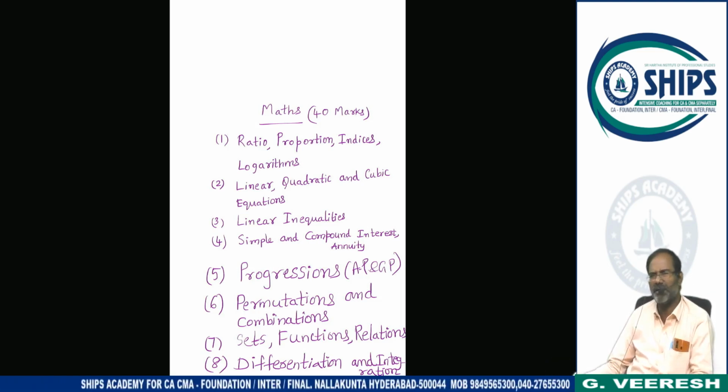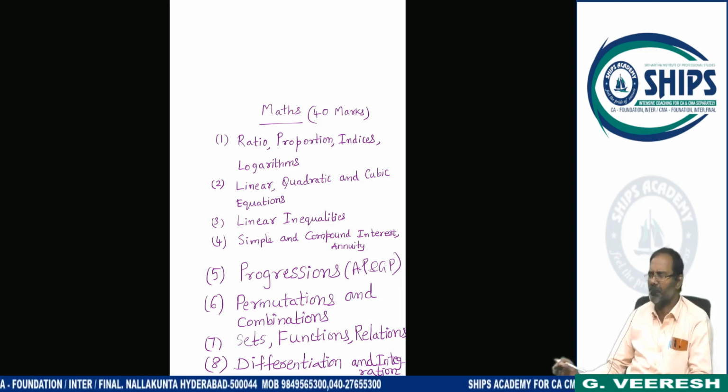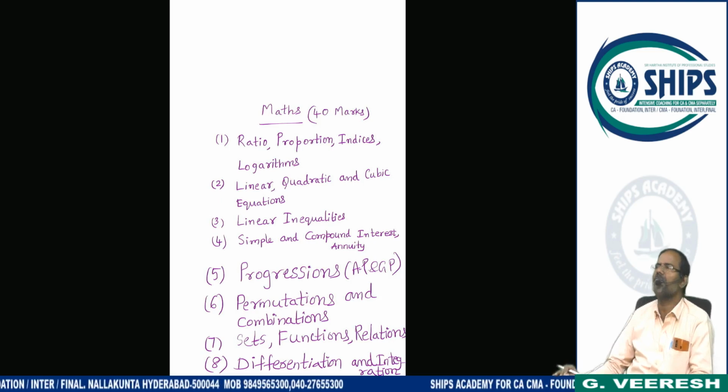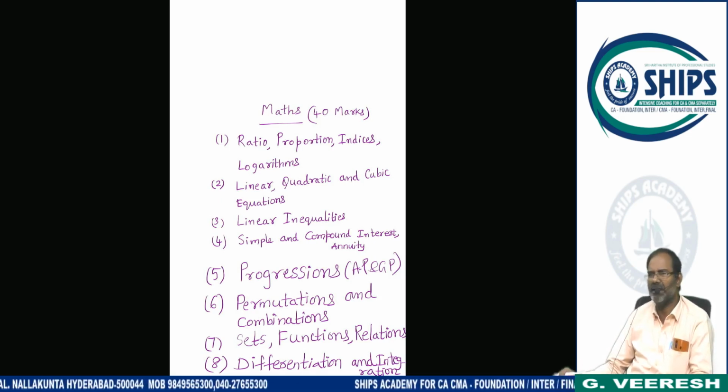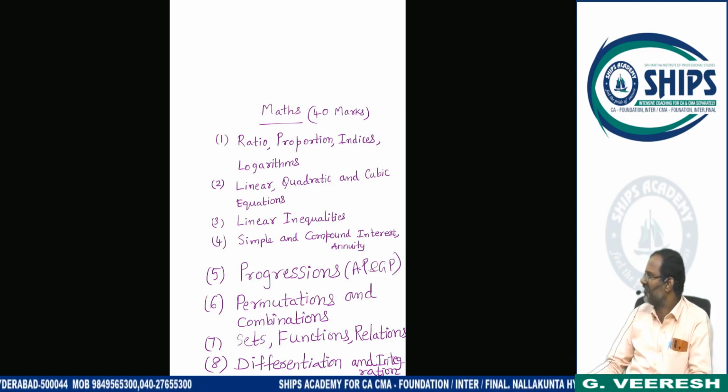What you do in probability is the same, with the same formula also. But at school level we will not use that formula, we do it without formula. In permutations and combinations, we have to use formulas in probability, but in school level we will not use that. In intermediate level only we will use it. And next, sets, functions, relations.